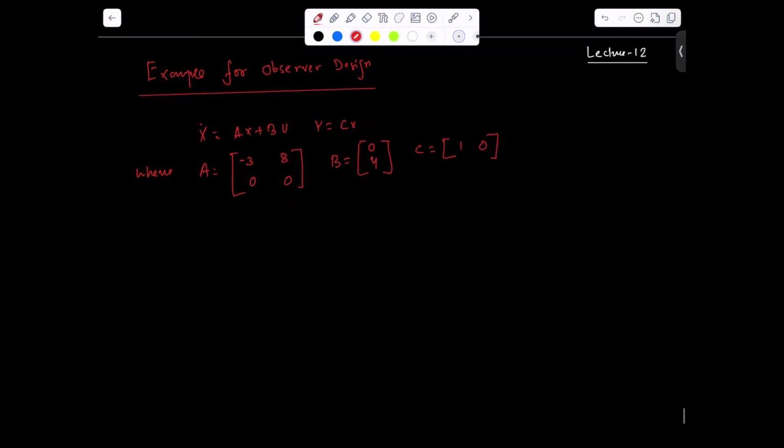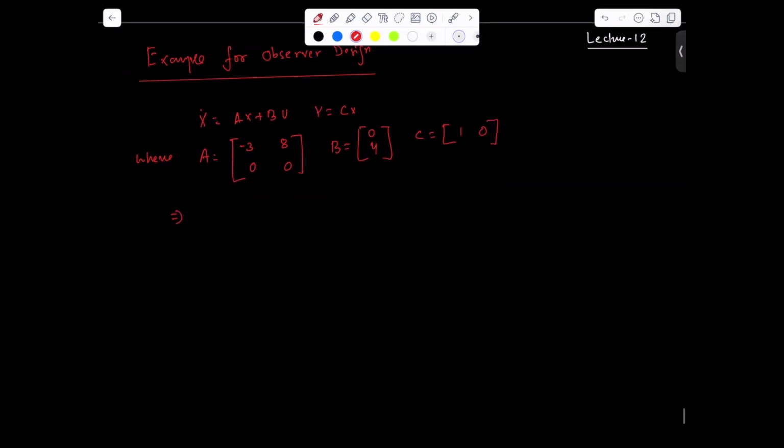If you write the system in state equation form, we have x1 dot equal to -3 x1 plus 8 x2, and x2 dot equal to 4u.